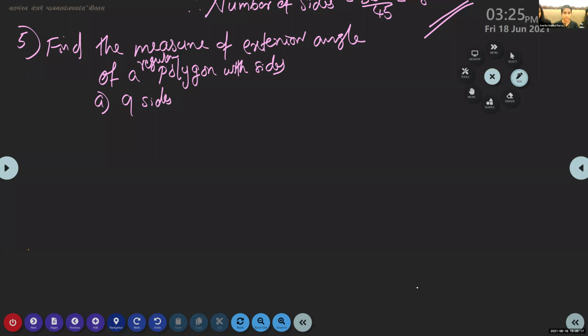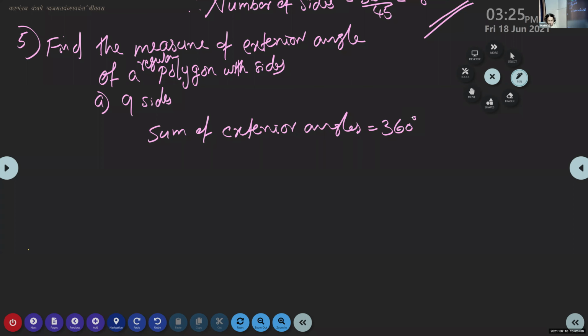So here, the exterior angle of a regular polygon with 9 sides. We have the sum of exterior angles is equal to 360 degrees, and it has 9 sides.